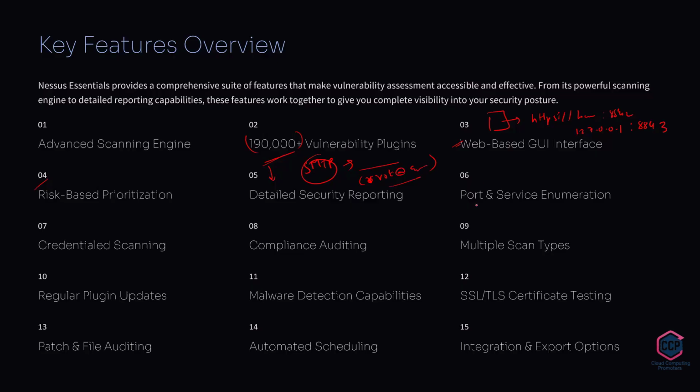Then port and service enumeration, and credential scanning, in the sense of whether there are any weak passwords or not. Compliance auditing, there are multiple scans, and regular plugin updates. We can also update Nessus within Nessus itself, where we have an option of manual updating also.